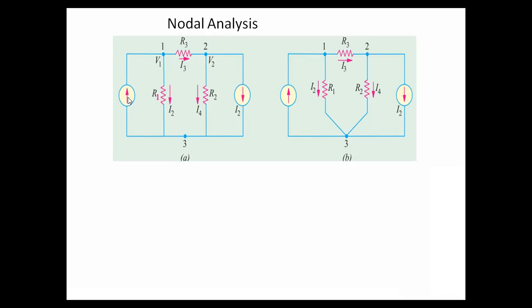This is the current I1, coming towards V1. With this we can find out what I2 is. I2 is nothing but V1 by R1.